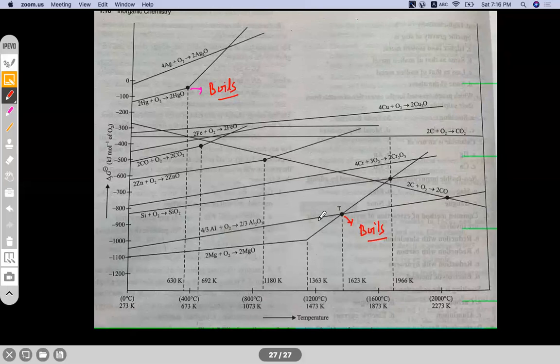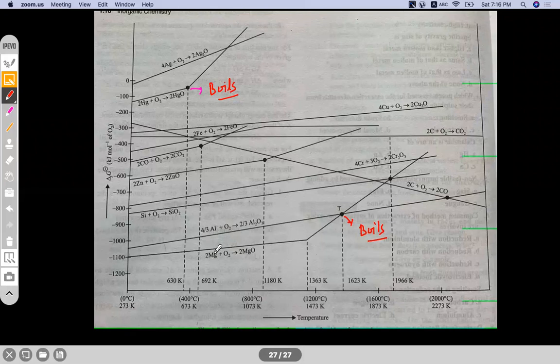Properly write this down. What do you mean by this line? Take magnesium and aluminium. Metals which lie above get reduced by the metal which is below. So magnesium can reduce aluminium.